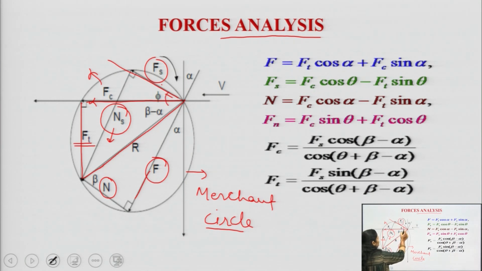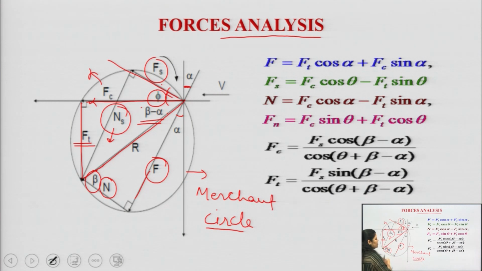This angle is known as the shear angle, denoted by phi, and this angle is the friction angle, denoted by beta. This angle is alpha, and this one will also be alpha. In our last lecture we determined this angle, which comes out to be beta minus alpha.